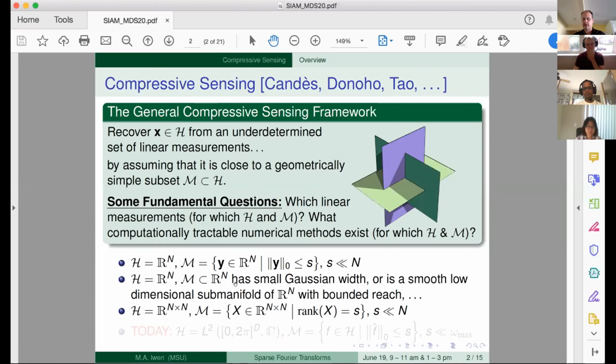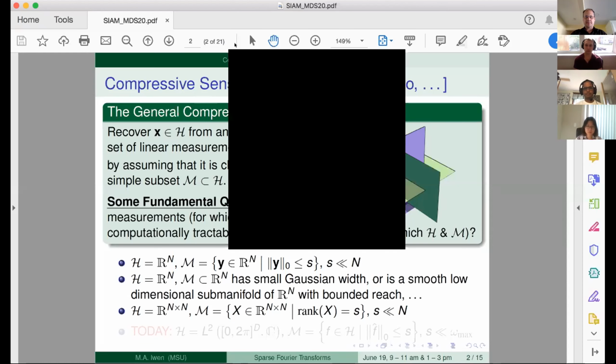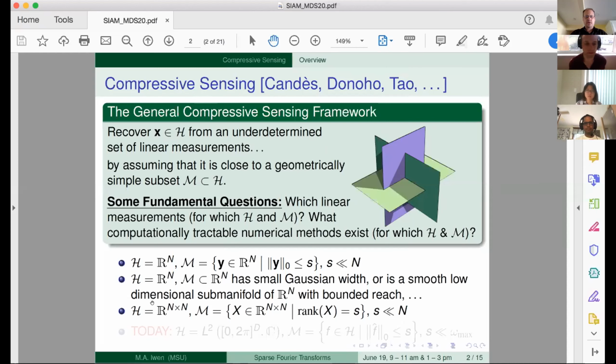Maybe a subset that has small Gaussian width, or maybe you care about a manifold model, and so you assume that M is a smooth low-dimensional submanifold of R^n, maybe with bounded reach. There's been some nice work in that direction. Or you can make H the n by n matrices and assume they're approximately low rank and then use that information to do something like matrix completion.